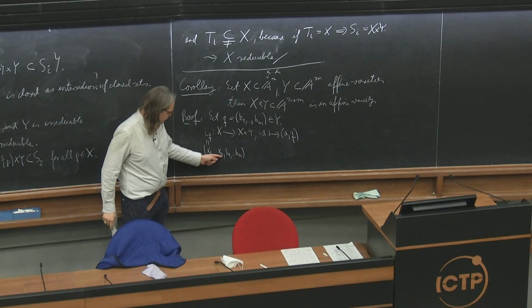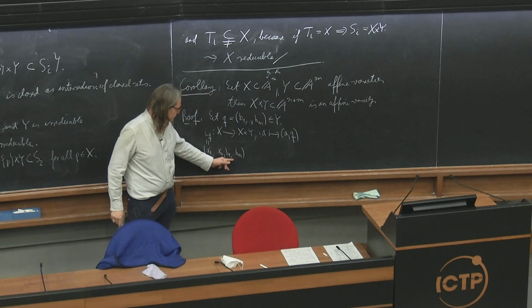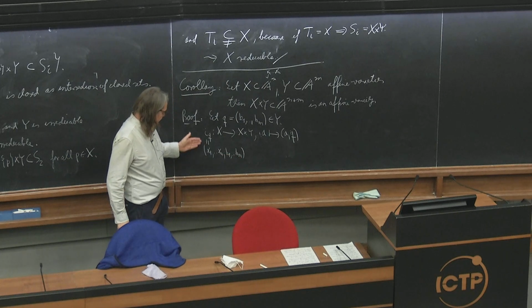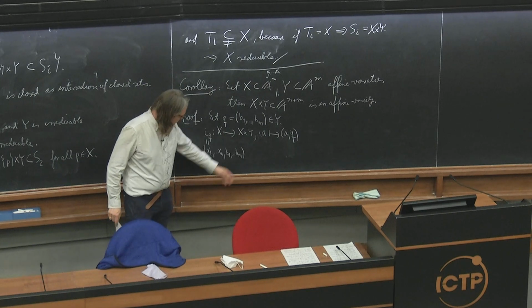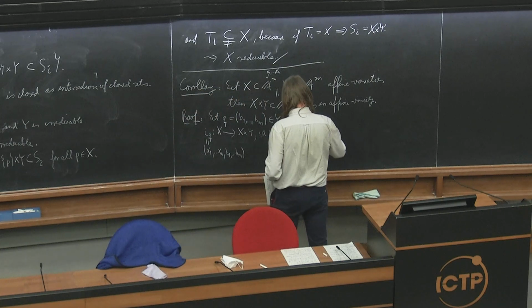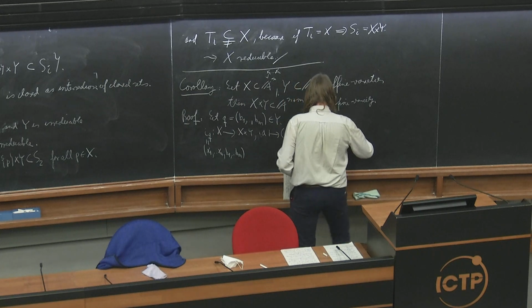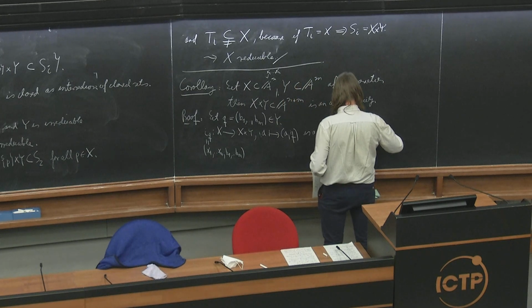So these are the coordinates, so therefore they are regular functions, and these are constants, namely the coordinates of these points, therefore they are also regular functions. So IQ is given by a tuple of regular functions, so it's a morphism, and thus continuous.